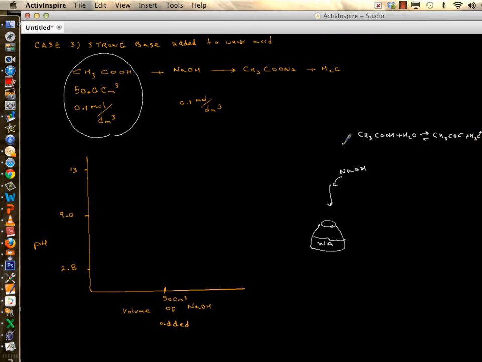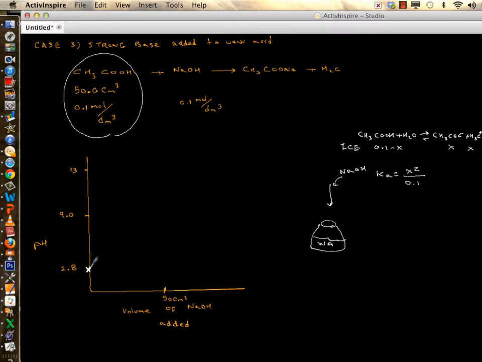And here, if you do the ICE calculation, remember you have 0.1 minus X, you have X, and then you plug it into Ka, and you find your X, and X is your H and pH. I'm not going to bore you with that, but the pH of the solution without any base being added to it is 2.8.